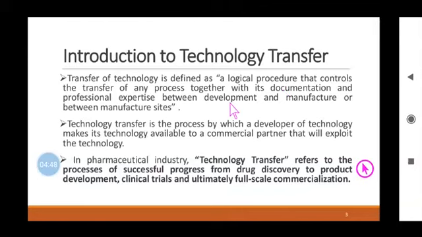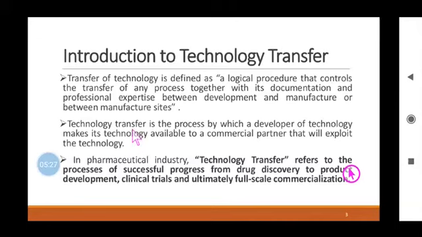The developer is there in the R&D of a company, and it is to be transferred to the manufacture section, or it may be the transfer from one manufacturing site to another manufacturing site. Sometimes the manufacturing sites are belonging to a same company, but from one manufacturing site the given process is supposed to be transferred, and therefore it requires to go through a certain logical procedure, what is known as the technology transfer.